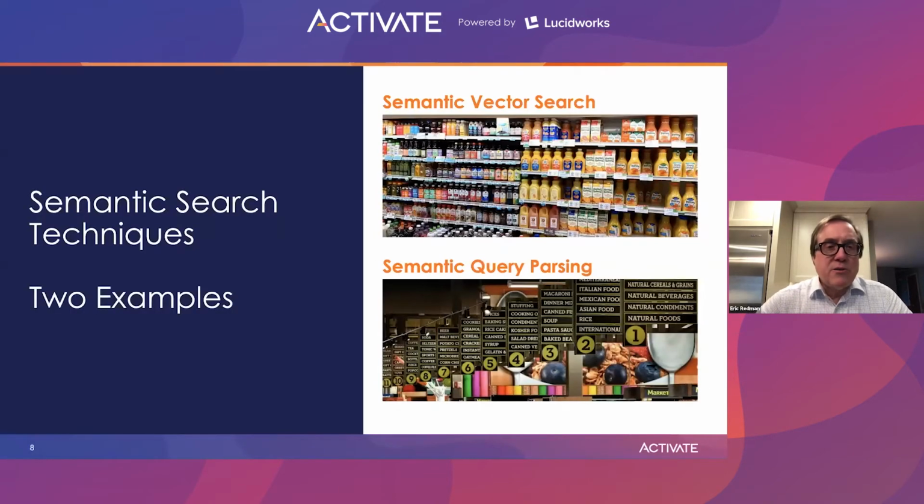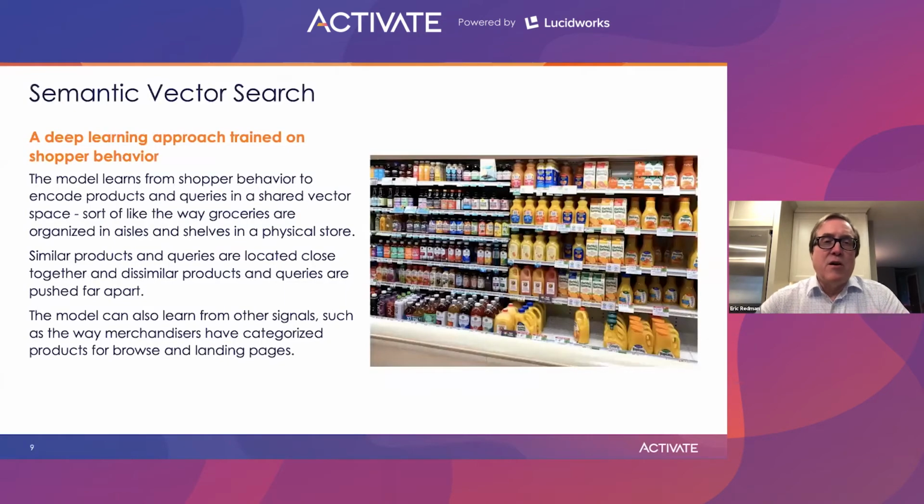I talked about multiple techniques, and I want to talk about two specific techniques and how we use them in combination: semantic vector search and semantic query parsing. Semantic vector search is a deep learning approach where the model is trained on shopper behavior.